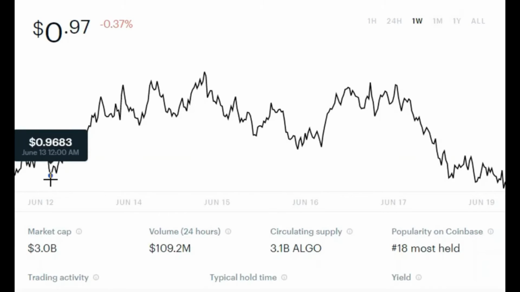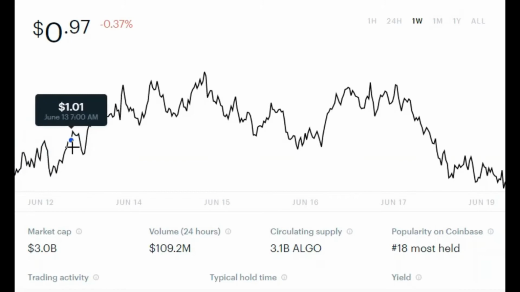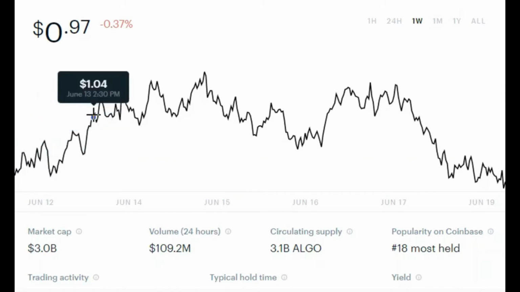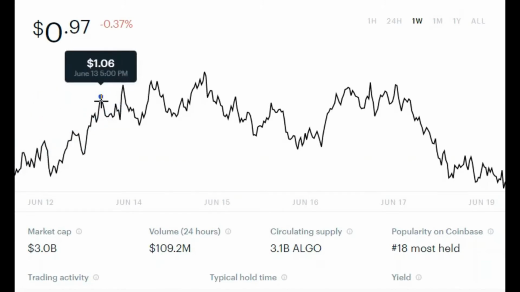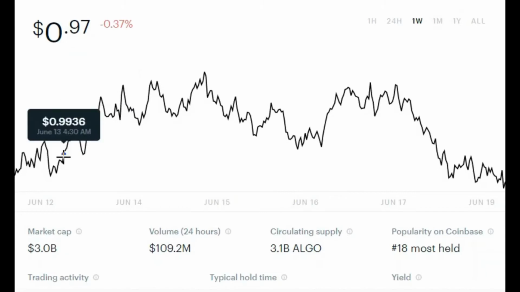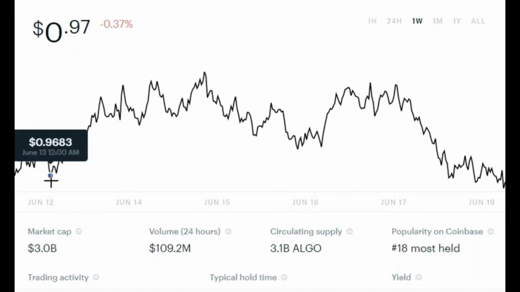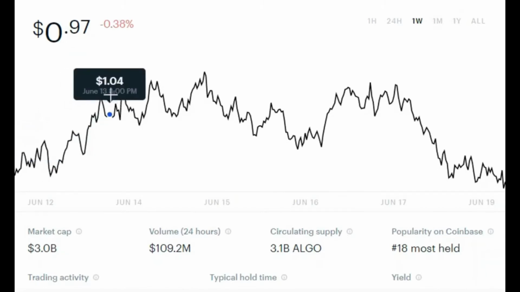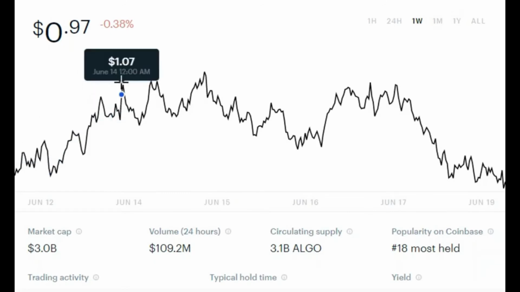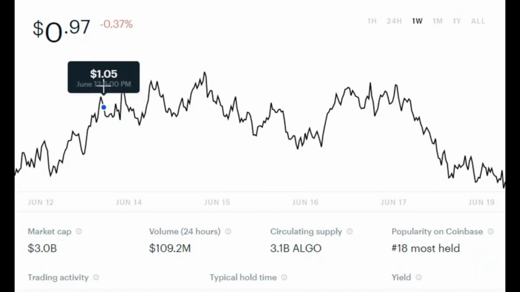If you look later in the day on June 13th, Algorand tops out at $1.06. So from that 96 cents to $1.06, that's an opportunity. That's a 10-cent swing. So if you put in $1,000 and it swings 10 cents, well, you made $100.